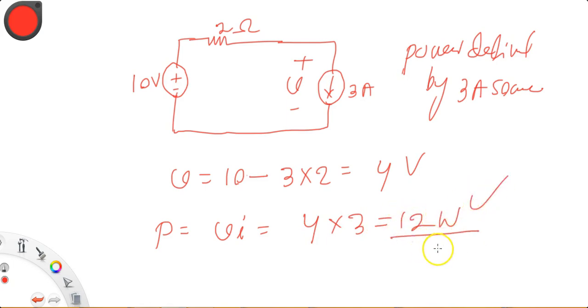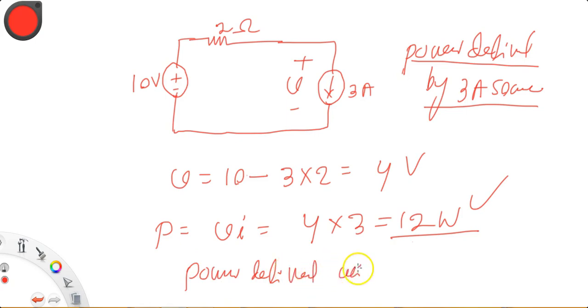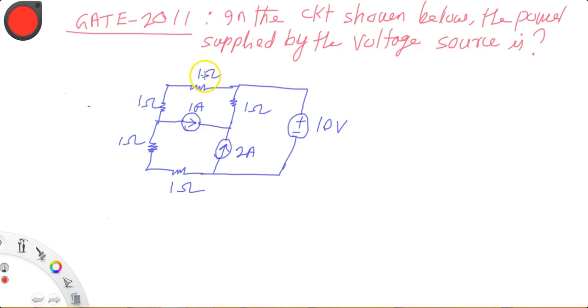But this is the absorbed power, and they have asked for the power delivered by the 3 ampere source. So the power delivered will be negative 12 watt. In fact, power delivered of negative 12 watt means positive 12 watt being absorbed by the 3 ohm resistor. Clear?